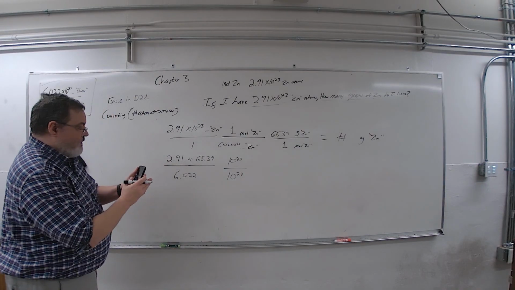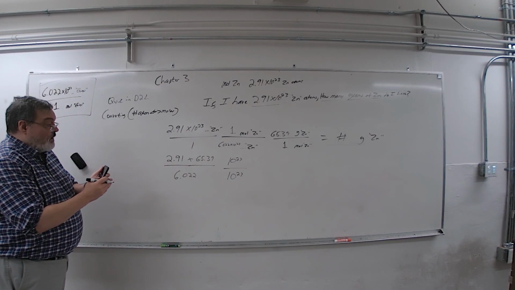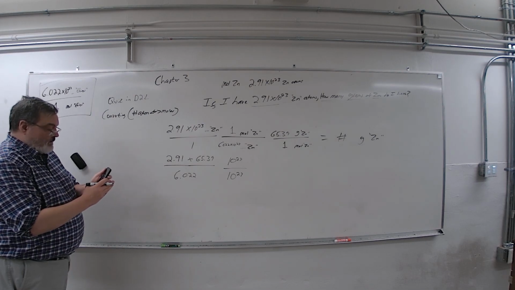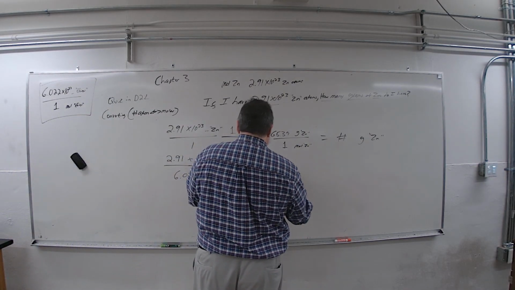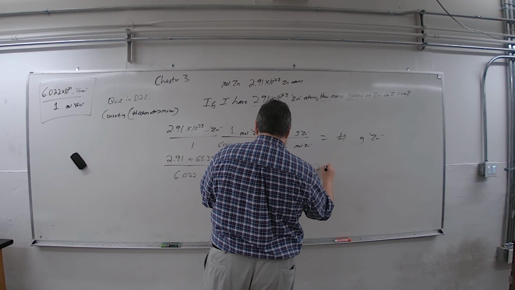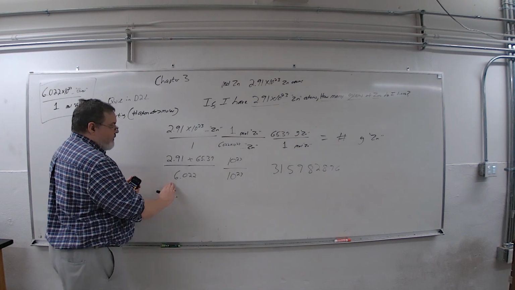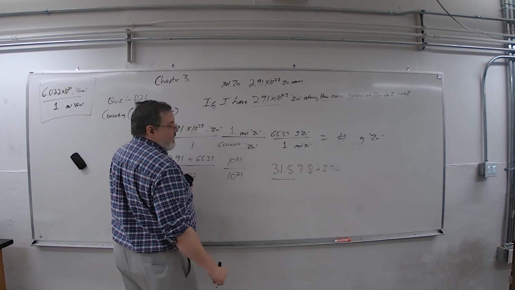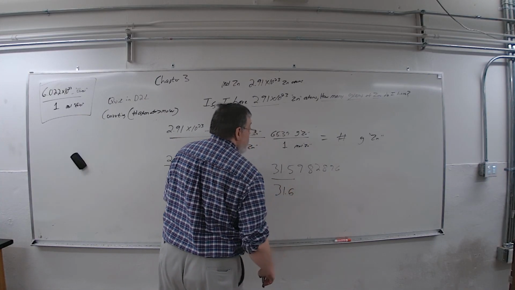That equals 1. 2.91 times 65.39 divided by 6.022. Four significant figures, 3, 4, keeping those 3. The 9 rounds to a 6.